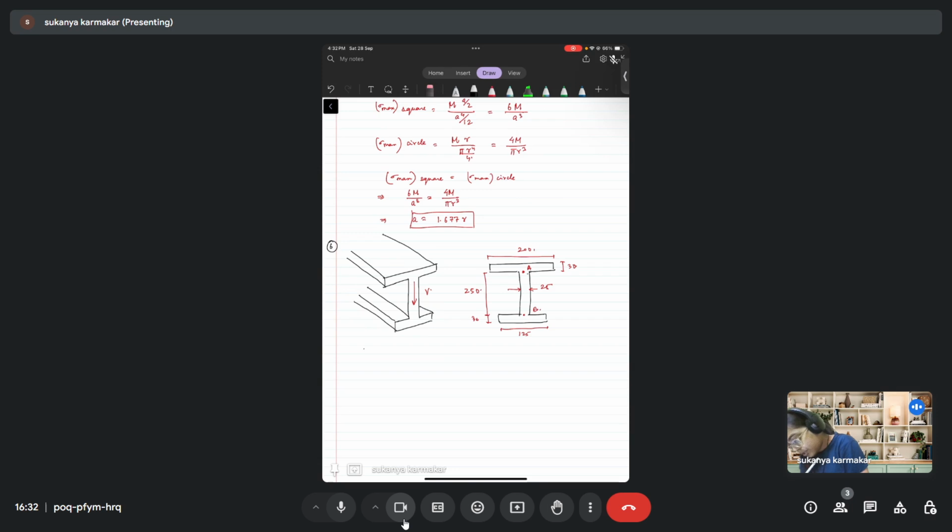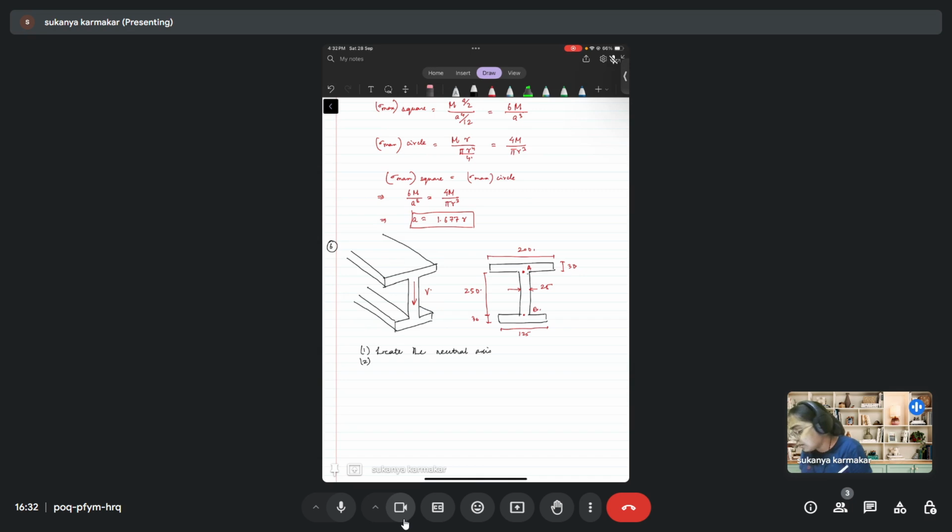The first thing you need to do is locate the neutral axis.